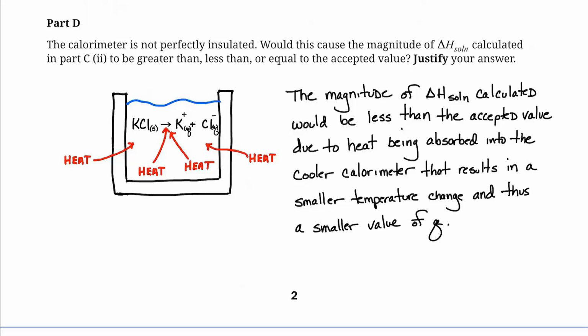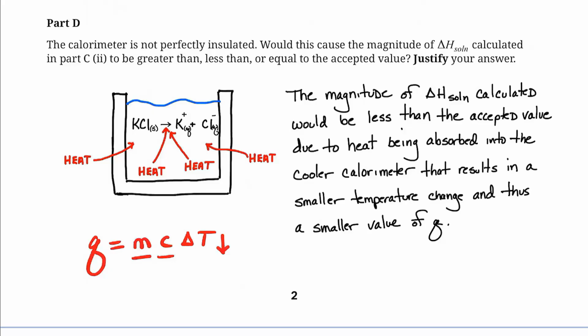So if you need to see this, very simple, Q is equal to m c change of T. Now the mass of the solution and the specific heat are the same, but our temperature change will be smaller. It won't be as low and as cold as we expect because heat is going to run in.